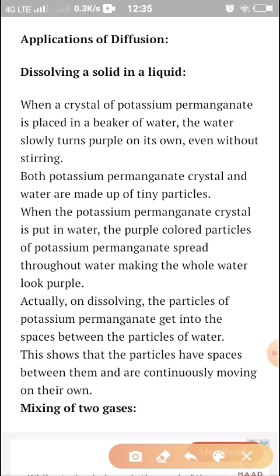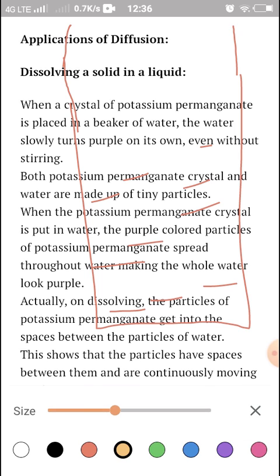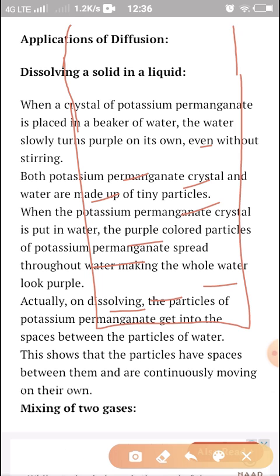So when we take a beaker and suppose these dots are water, and this is a full beaker, you see that some spaces are present between them, right? Let's take this as potassium permanganate going down.